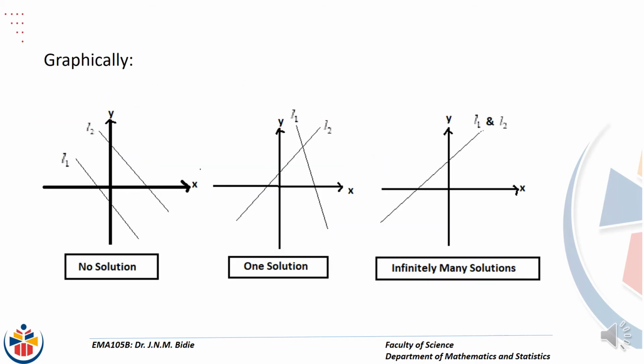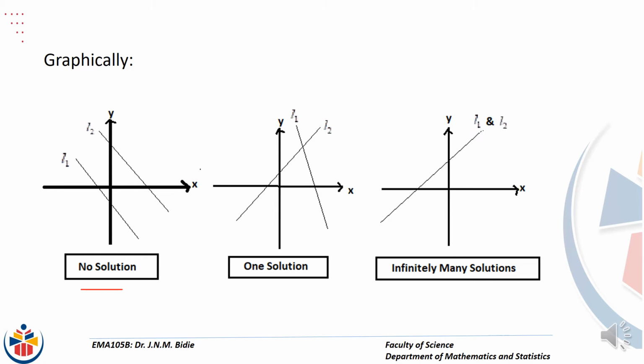Graphically, if those two equations represent straight lines, and when you draw them they give you two parallel lines, line 1 and line 2, then it means there is no solution. Remember, in order to have a solution, you must have a point of intersection.